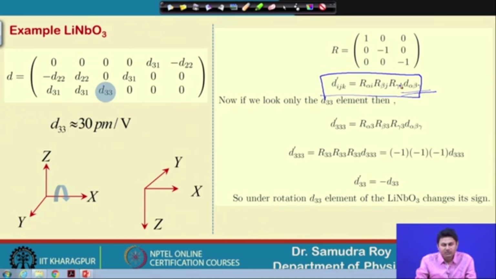We know what R is for a rotation matrix, and now if I put theta equal to pi, that means I am rotating by pi along the x axis. So my R matrix will have this particular form.